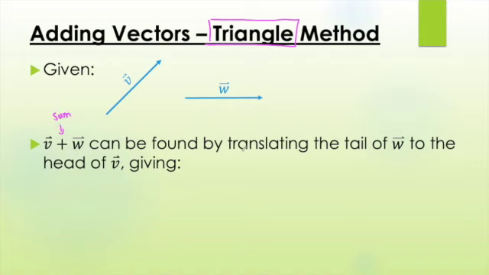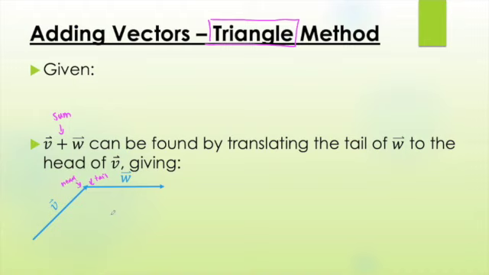Can be found by translating the tail of w to the head of v, giving, ooh, nice little annotation there, v plus w, right? So you're going to take the tail of w, that's the tail right here, and you're putting it onto the head of v. Okay, your final result there is v plus w.